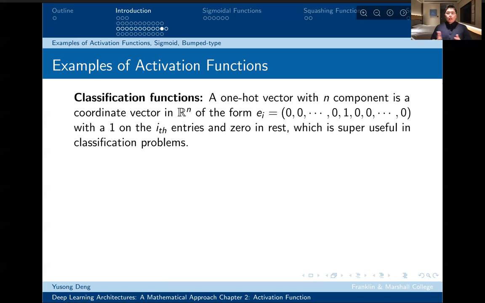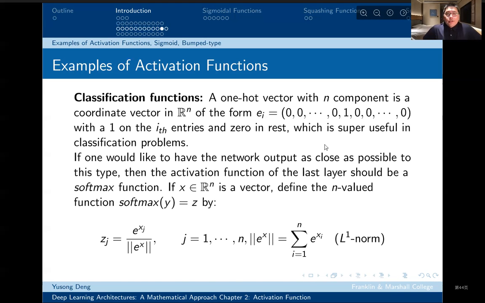A one-hot vector is a vector with n components in the n-dimensional real space of the form e_i equals 0, 0, 0, 0, 1, 0, 0, 0, 0 for the rest, with a 1 on the i-th entry and 0 in the rest, which is super useful in classification problems.